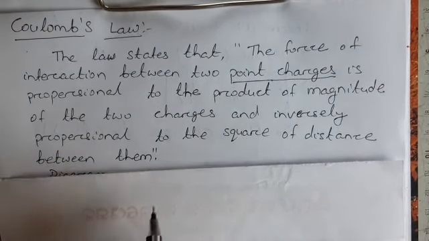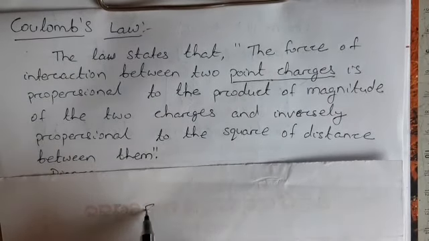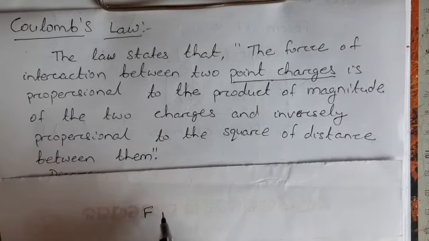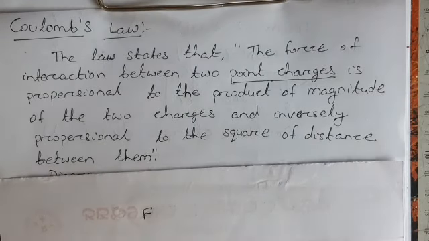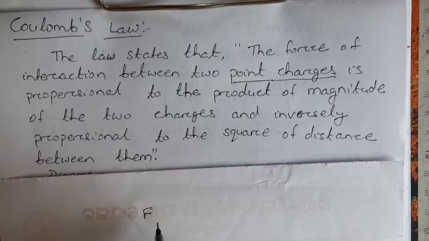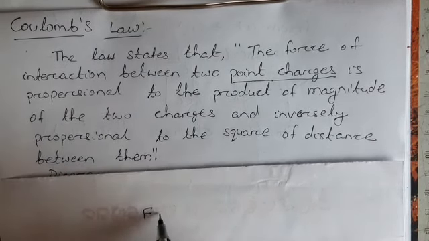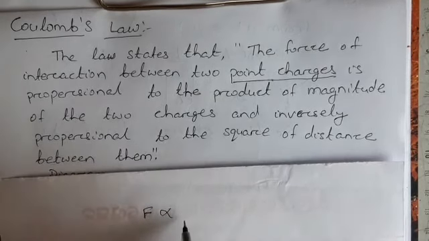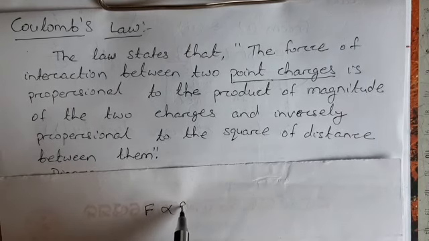Like charges repel each other, unlike charges attract each other, meaning two charges will apply some force. That force is given by the scientist Coulomb. So I can write this force according to Coulomb's law: force F is proportional to the magnitude of the two charges.